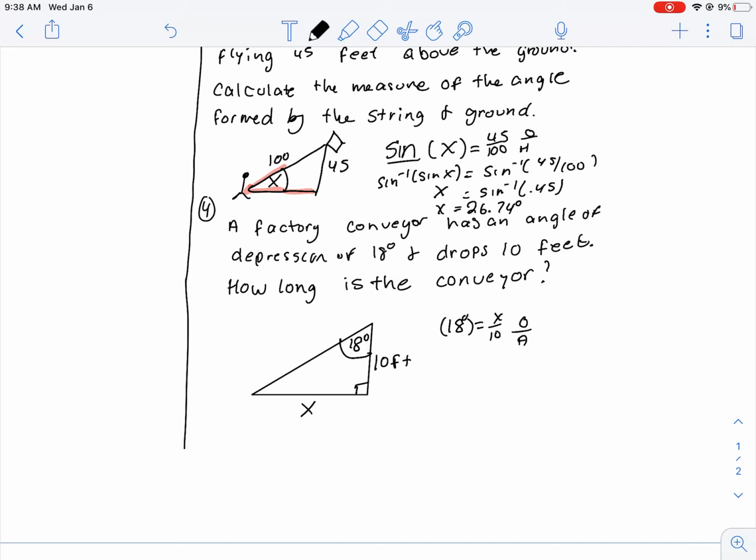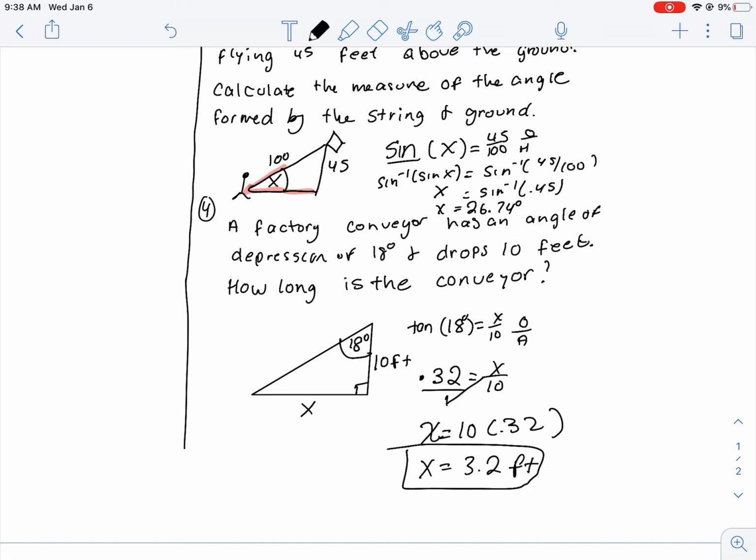So what gets me opposite over adjacent is the tangent. Now, because I have the angle, I'm just going to use regular old tangent. So tangent of 18, make sure there's no -1, is 0.324. So it's 0.32 equals x over 10. I'm going to cross multiply 1 times x and 10 times 0.32. So 0.32 times 10 is 3.2, and we're in feet here. And that's application.